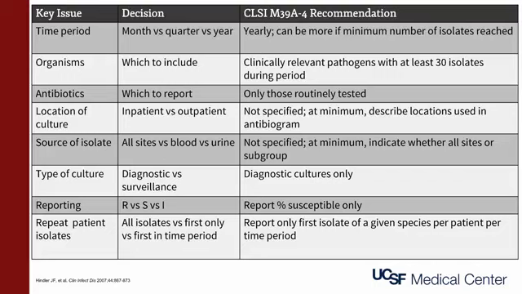The report should reflect cultures taken for diagnostic purposes only and be quantified as percentage susceptible instead of percentage resistant. Finally, patients may contribute multiple isolates of the same organism over time. The recommendation is to include only the first isolate that each patient contributes of a particular organism over the time period under study. Let's take a further look at why this last point is important.